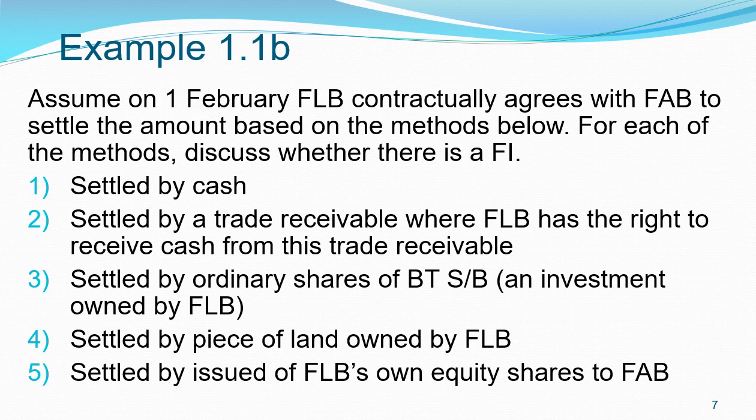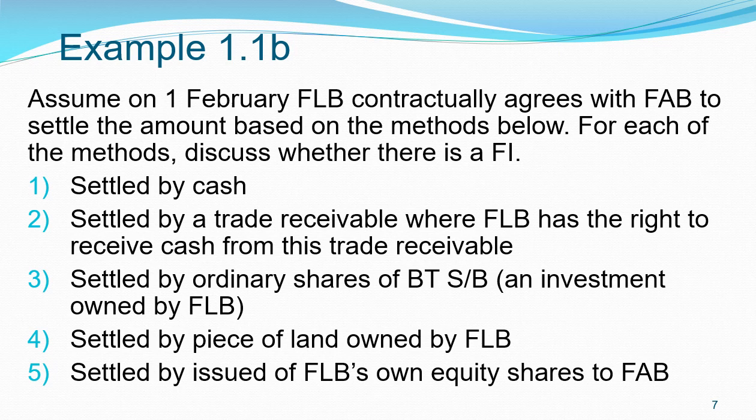Settlement 2 is to settle by a trade receivable, where FLB has the right to receive cash from the trade receivable. Settlement 3 is to settle by ordinary shares of BT Sendirian Berhad, an investment owned by FLB. Settlement 4 is to settle by a piece of land owned by FLB.